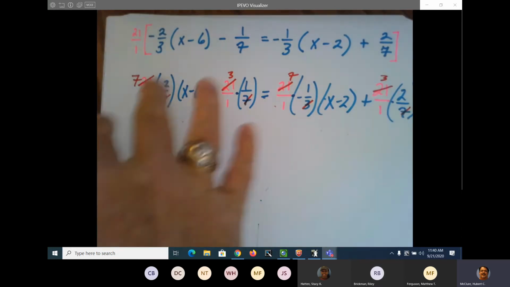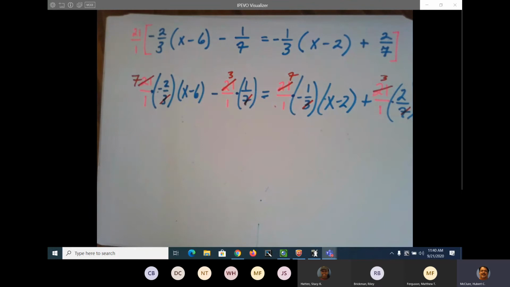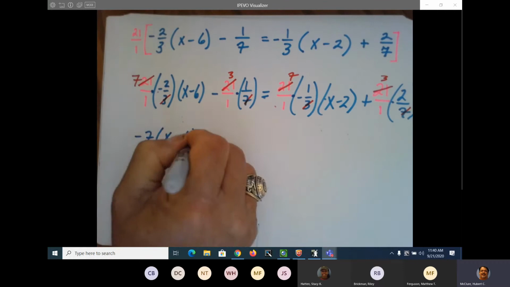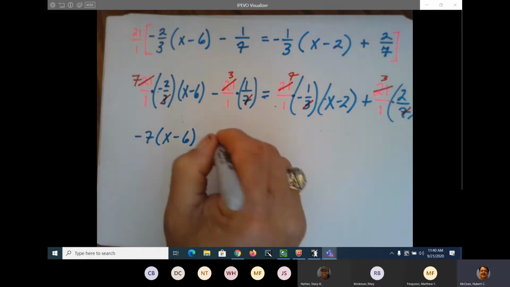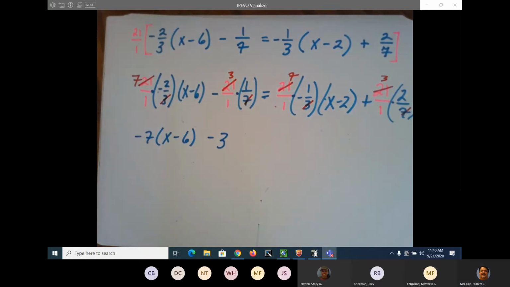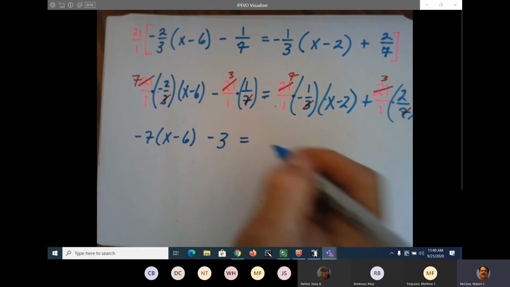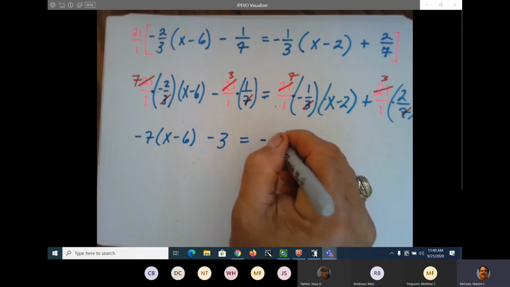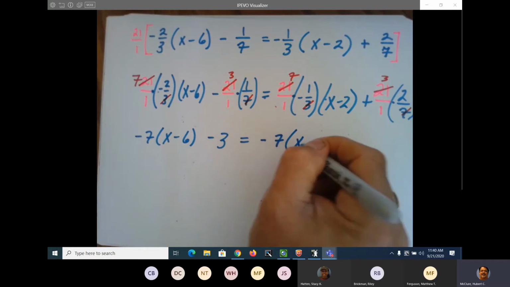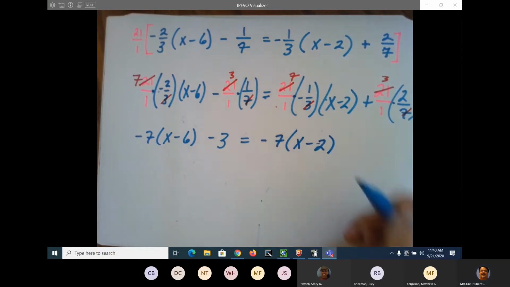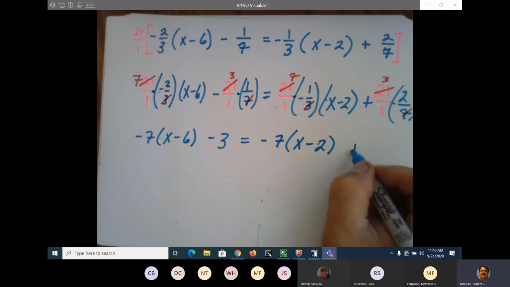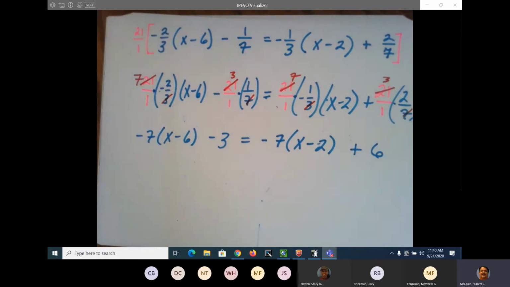So all this mess up here basically gives us negative 7 times x minus 6 minus 3 is equal to, that's supposed to be a negative, negative 7 times x minus 2 plus what? 6? Y'all check me.